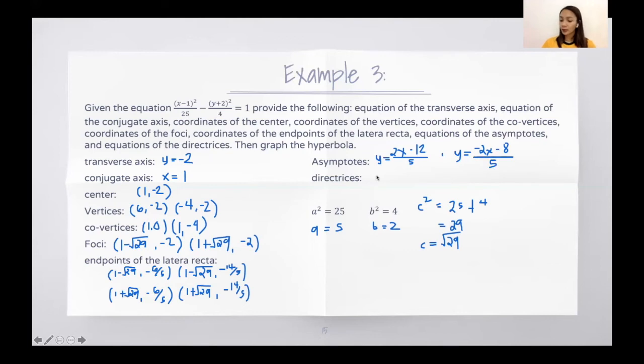For the directrices, we have x is equal to 29 plus 5 the square root of 29 over 29 and x is equal to 29 minus 5 the square root of 29 all over 29.